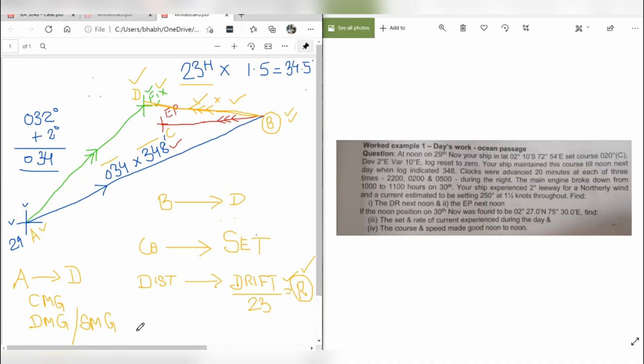Okay, all right, beta. There are no special remarks. So for DR position, beta, we will apply the leeway, but we will not apply the current. Leeway should be applied to find the DR position. Basically, this B point which you see here will be your DR position. The C point which you see here will be your estimated position. And the delta point which you see here is the fixed position.